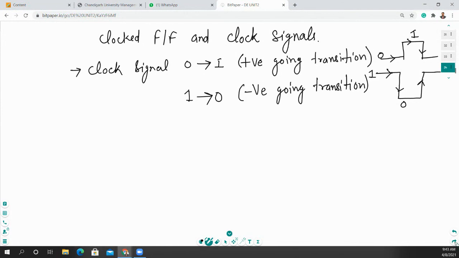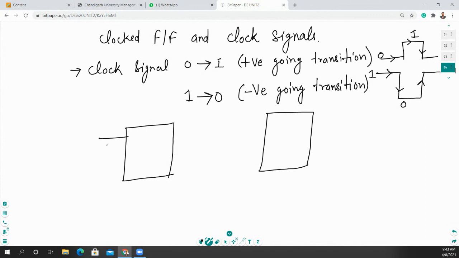So how can you represent these clock signals in a block? Let's suppose that this is your flip flop, and here you have to represent the signal. Quickly, you have to apply the input signals, and you have to apply the clock signals also.